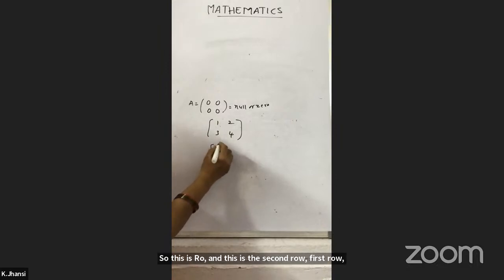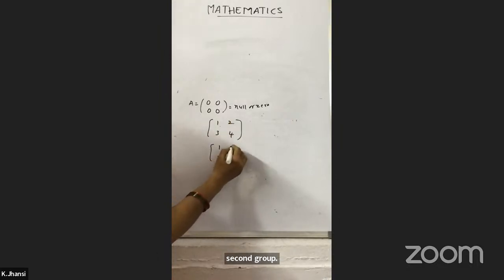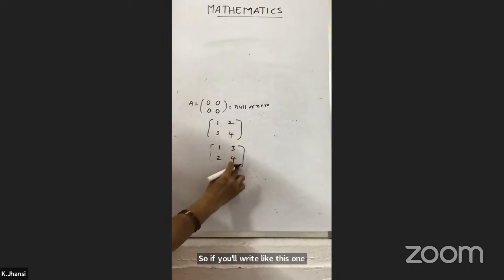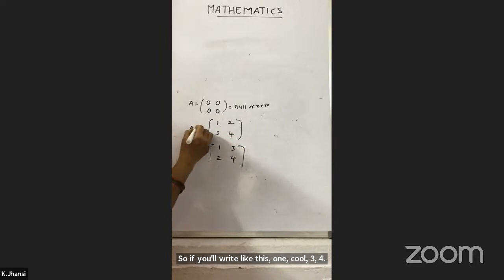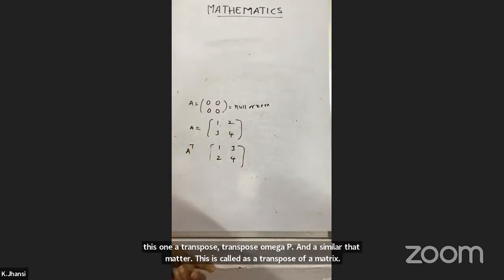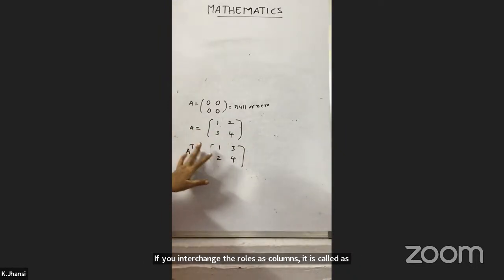If you write like this, 1, 2, 3, 4, this row has become the first column and this row has become the second column. If you interchange this, it is A transpose, with T as the symbol. If you interchange the rows as columns, it is called the transpose of the matrix.